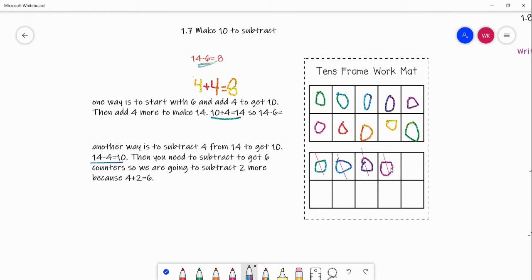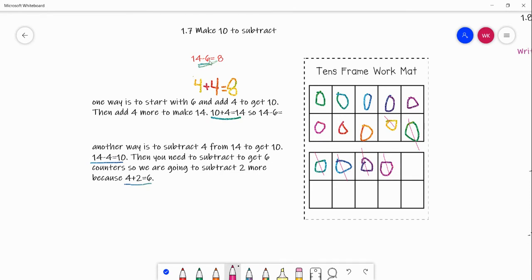We need how many more? So 4 plus how many more equals 6. 4 plus 2 more equals 6, because 4 plus 2 equals 6. So we are going to go ahead and cross off 2 more counters. Now we have 6 counters. 1, 2, 3, 4, 5, 6.